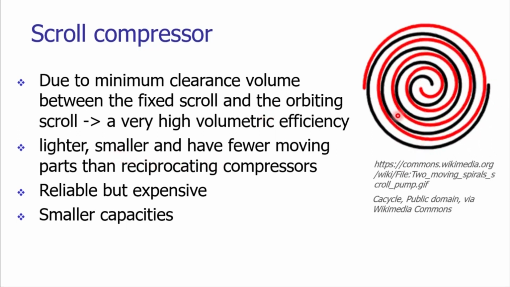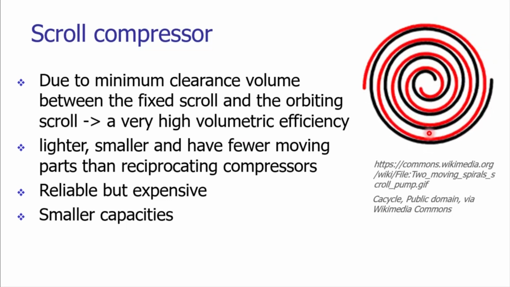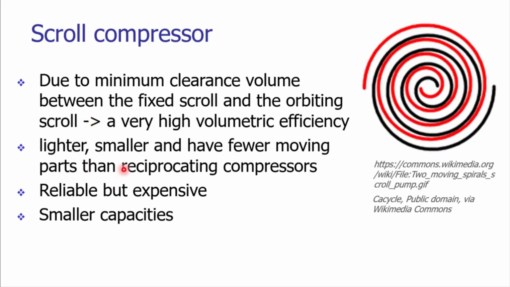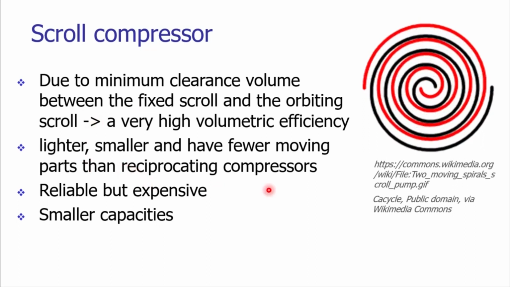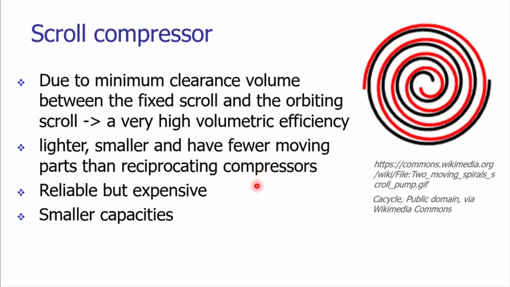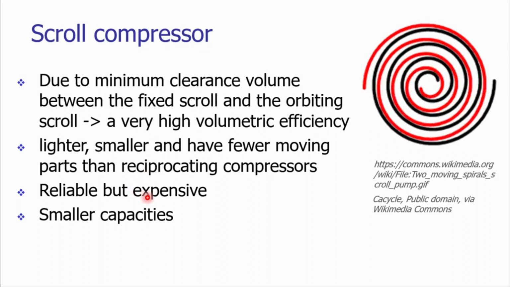As far as the construction point of view, we have a fixed scroll and an orbiting scroll. The construction is very compact, they are very small, there are very few moving parts. Reliability is quite high, but the cost of the compressor is quite high as well.